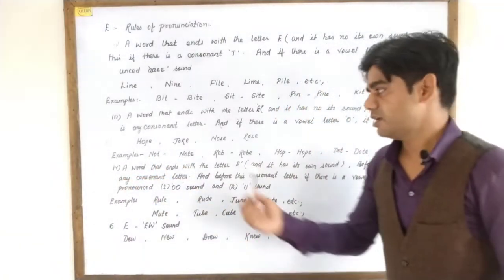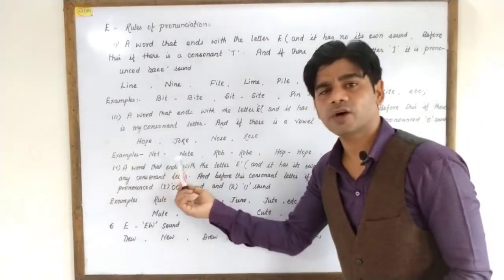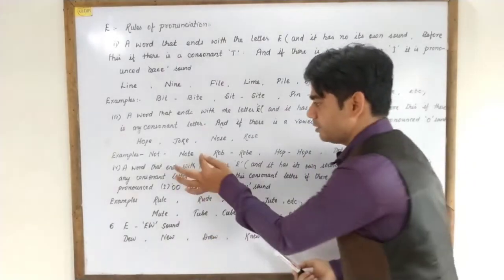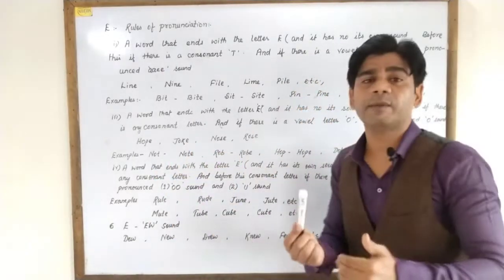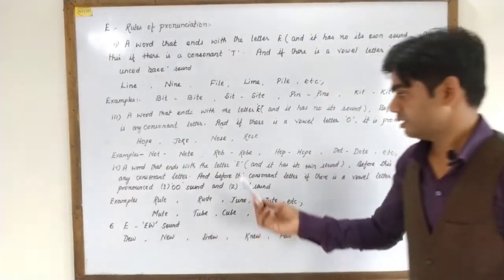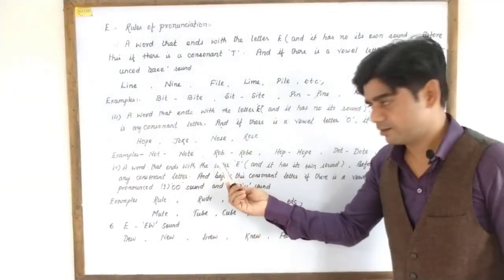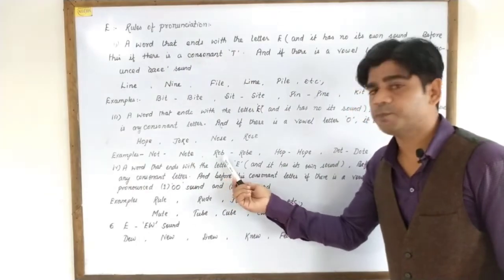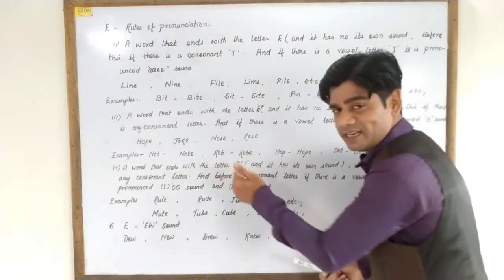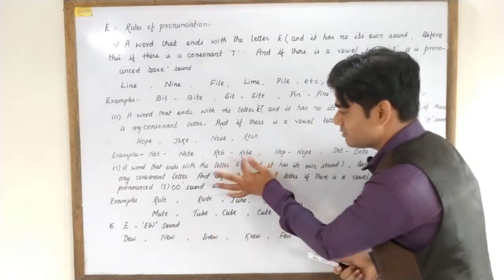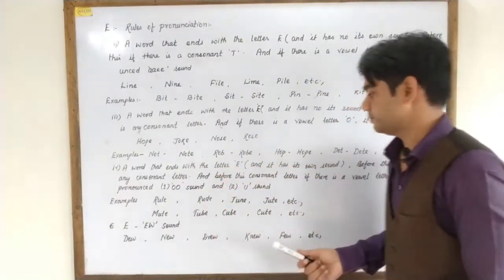N-O-T, not. But once you add the letter E at the end of this word, it will be: note. Some more examples. R-O-B, rob. But after adding E at the end of this word, it will be: robe.